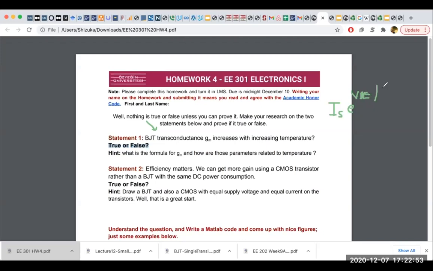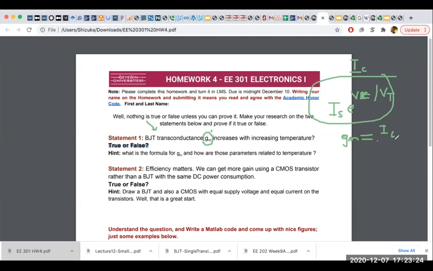And here there are different parameters that change with respect to temperature. But it's asking if gm changes. So when you have the gm, what is gm for the BJT? It is this current IC over VT.